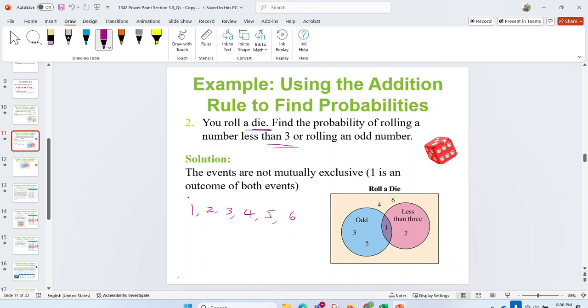And this is OR, so you add them together, or rolling an odd number. Which ones are odd? 1, 3, and 5. If you add 1 and 2 together, you count the 2 already, and then you count the odd numbers 1, 3, and 5 again. That means you count the 1 twice, so you must minus it one time, otherwise you overcount. So that's called not mutually exclusive.